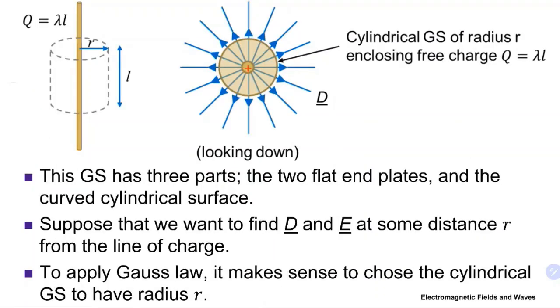In this case, if I choose a cylindrical Gaussian surface that has my line charge running through, we know that the electric field is going to point radially outward from the line charge.